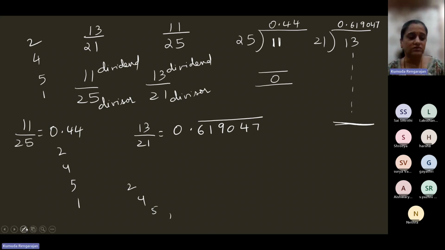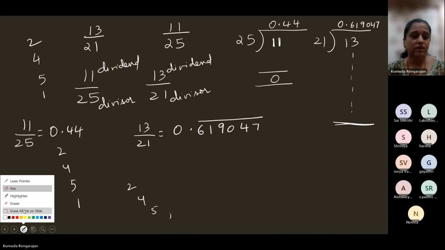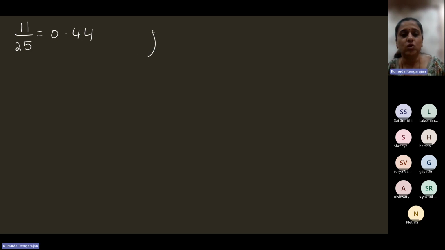Now I'll just clear the screen again. So 11 by 25. When you divide 11 by 25, you get 0.44. That means that the division comes to an end with a 0 remainder. And you can see that the quotient is a terminating decimal.